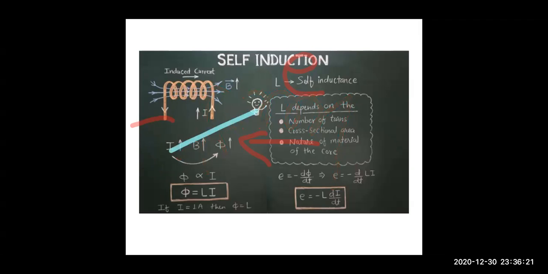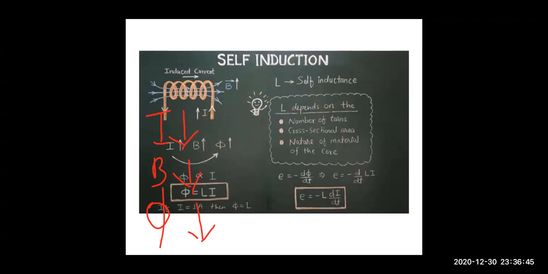Now let's talk about the other case. If the current I is decreasing, then we know, children, the magnetic field will decrease and the flux linked with the coil will decrease. So as the flux is decreasing, as there is change in the flux, EMF or current will be produced in the coil.